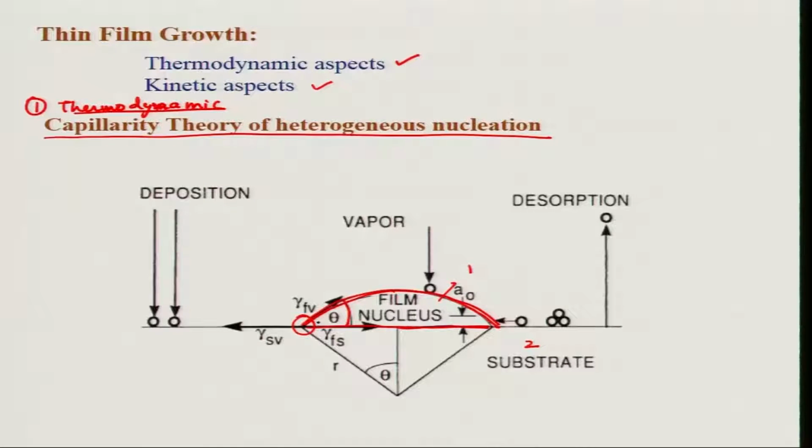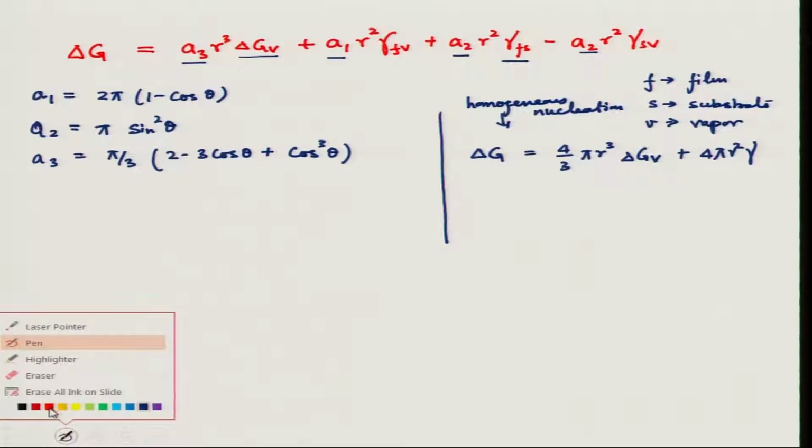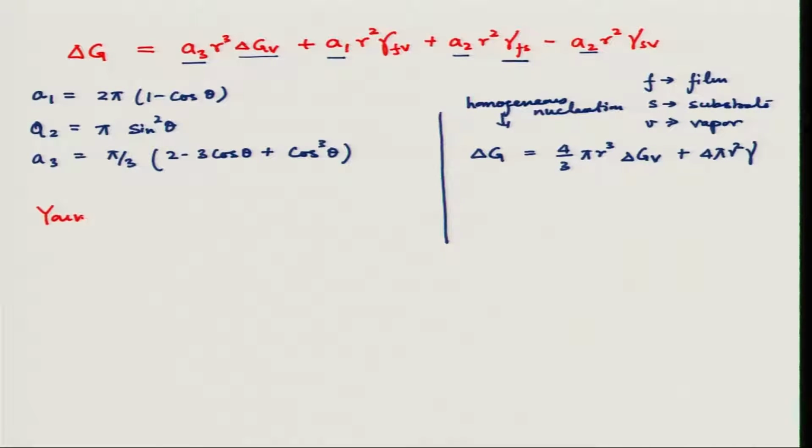If different surface tension forces are acting on this point, then there should be an equilibrium between these forces, which is given by Young's equation, which says that for equilibrium gamma SV must be equal to gamma Fs plus gamma Fv cos theta.